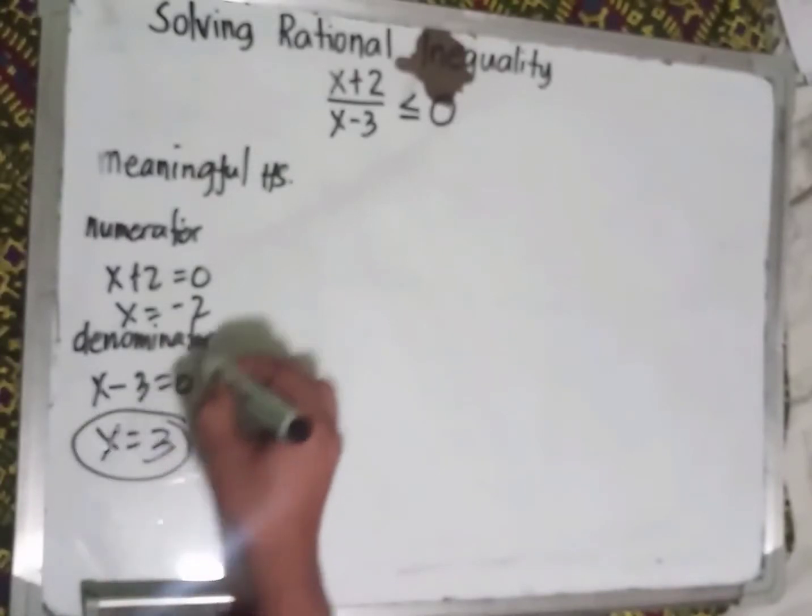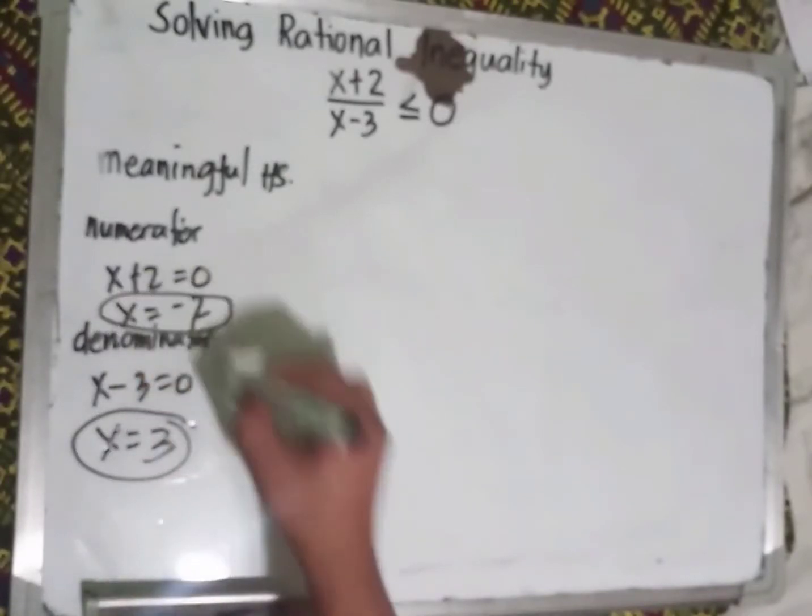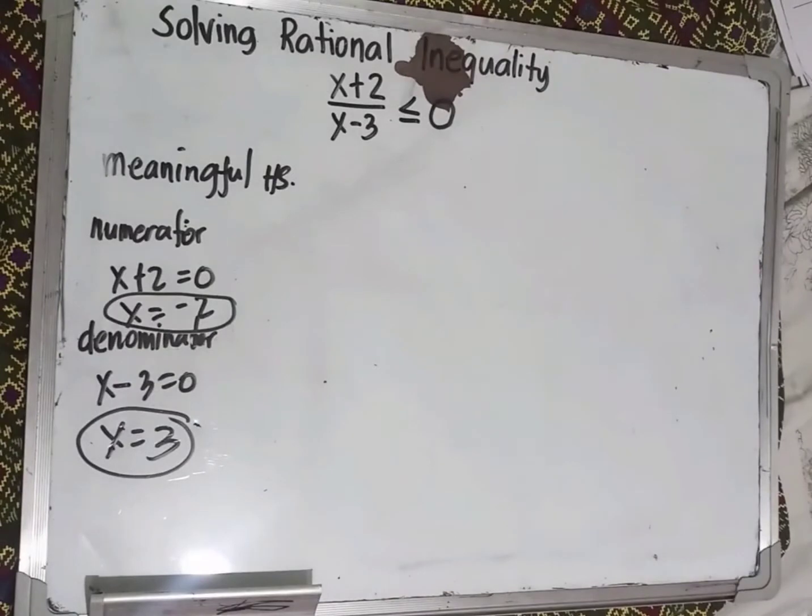So these are our meaningful numbers, negative 2 and positive 3.